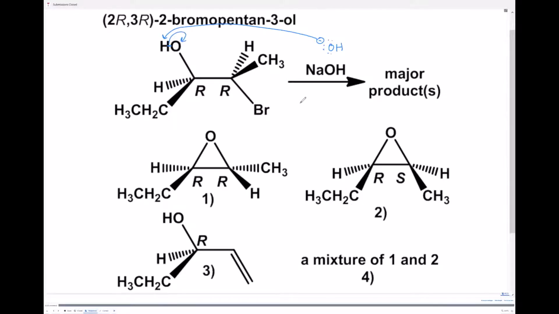And that gives us the alkoxide. I'm just going to draw out the ethyl group for time's sake. Okay. And then what happens next?